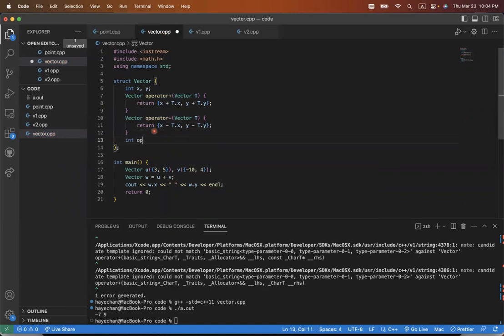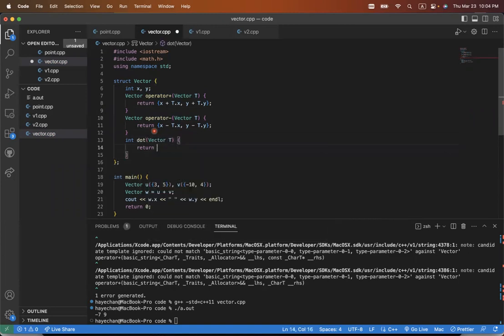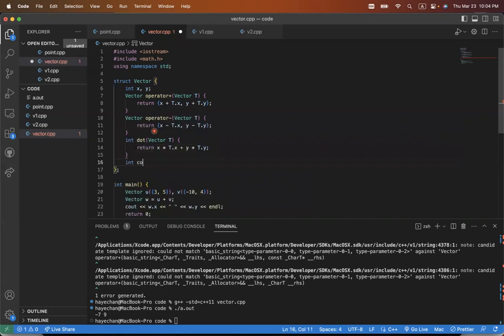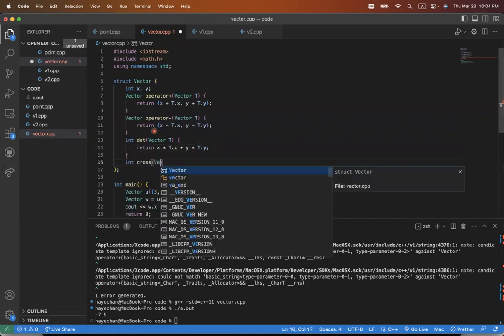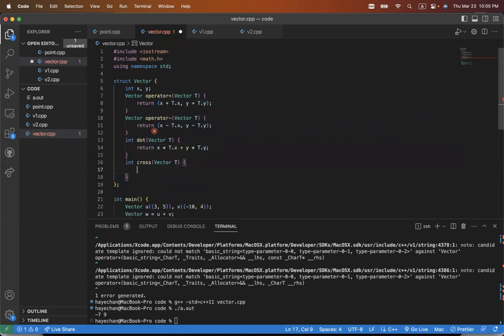Dot product returns an integer, and it adds one vector with another vector. What it returns is x times t.x plus y times t.y. And cross product, if you remember the formula from geometry class, is x times t.y minus y times t.x. Is that correct?